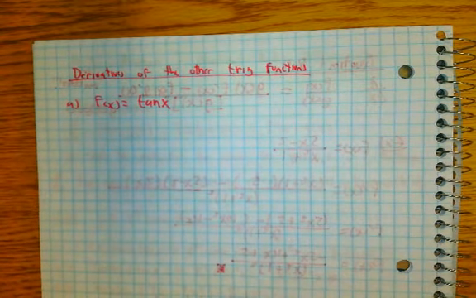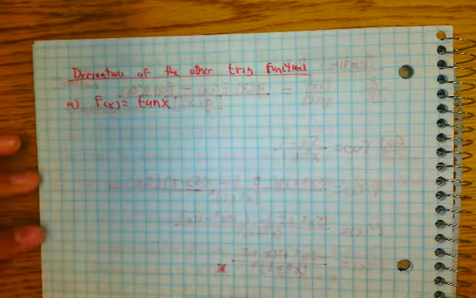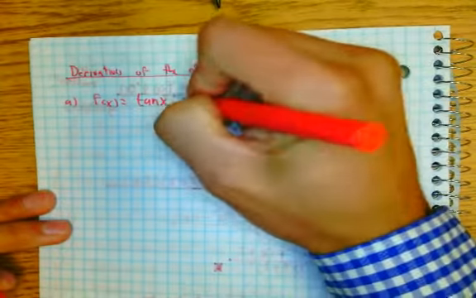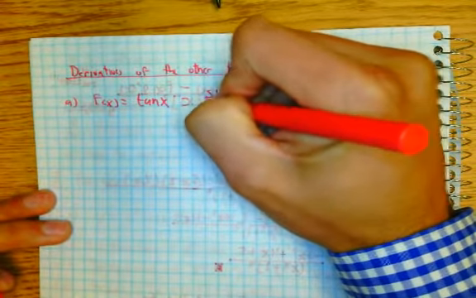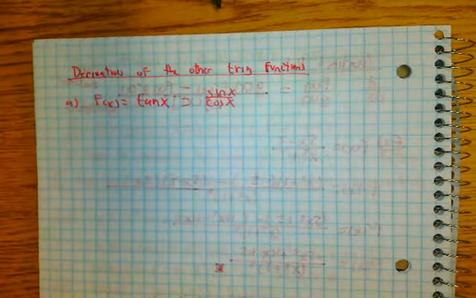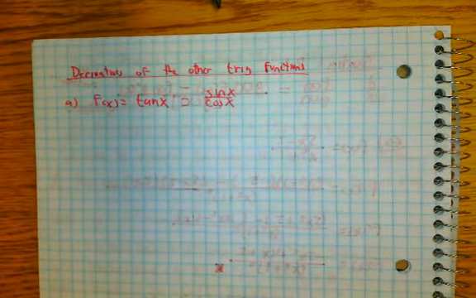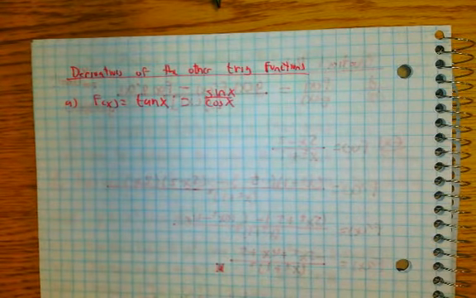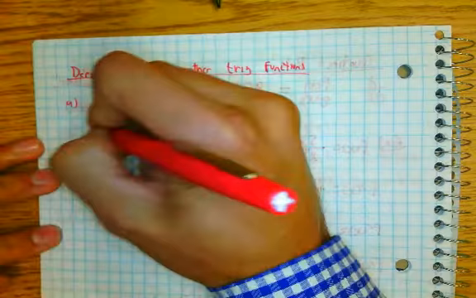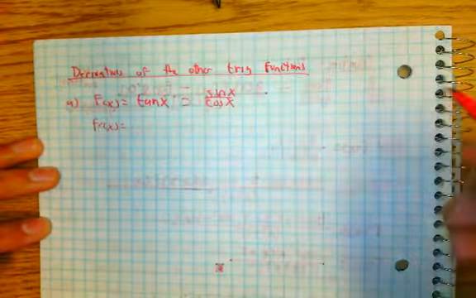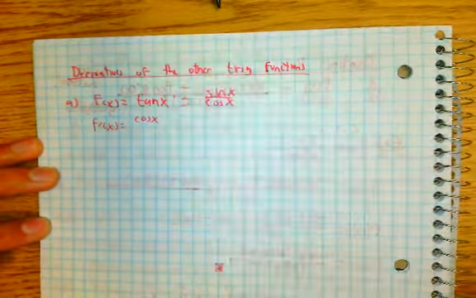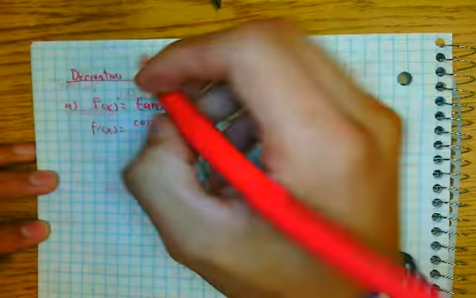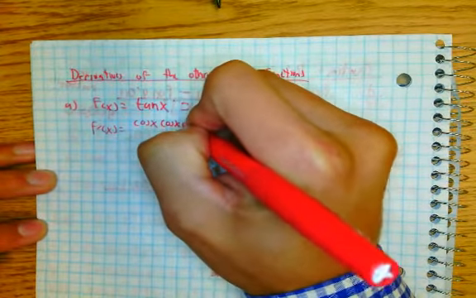Now at that point, could you use the quotient rule to differentiate this? Absolutely. F prime of x equals cosine of x times the derivative of sine, which is cosine, minus sine of x times the derivative of cosine, which is negative sine, all over cosine x squared.